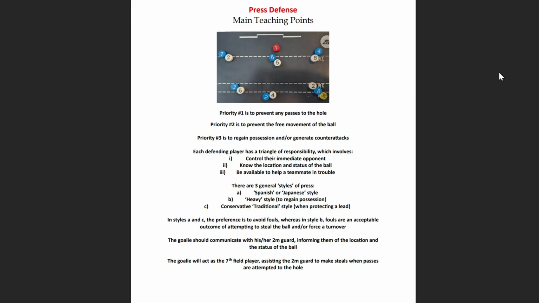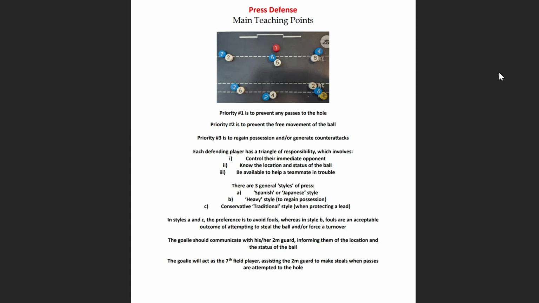The goalie should communicate with his or her 2-meter guard, informing them of the location and the status of the ball. Because the 2-meter guard is in a fronting position, they are oftentimes not able to fulfill their obligation of the triangle of responsibility, especially knowing the location and status of the ball. It's not always possible because of the battle that's going on between them and the center forward.